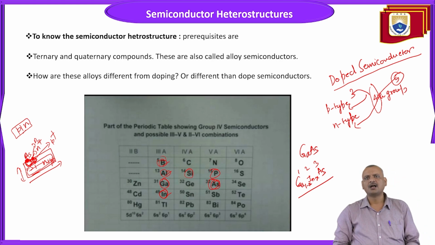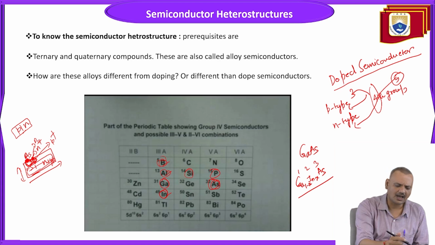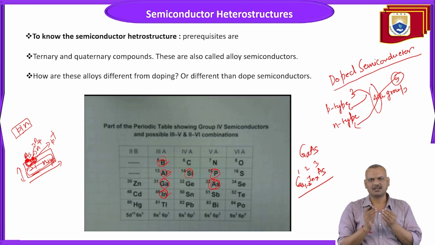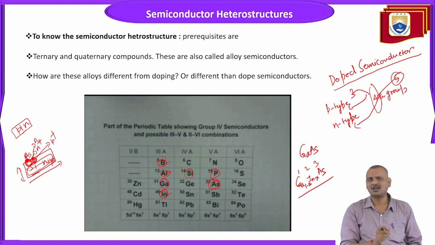So you can construct a diode or transistor or some electronic devices over a very small region. But for optoelectronic devices, larger dimensions are required. So for that purpose, ternary or quaternary semiconductors will be used.